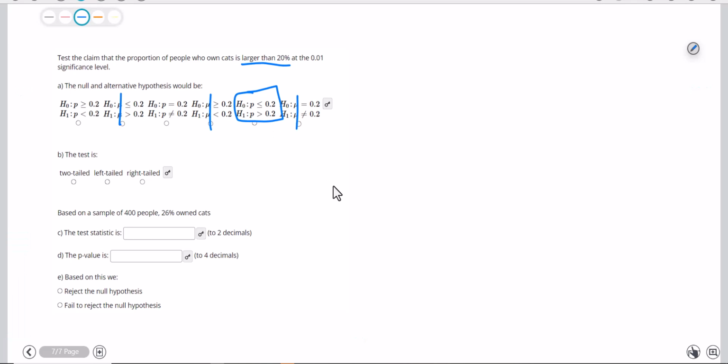It's asked, is this test right-tailed? Because of that greater than sign makes it right-tailed. It says, based on a sample of 400 people, 26% own cats. Well, we've gone through how to find a test statistic, but the only thing that's kind of weird here is remember that your sample proportion is X over N. Well, they give you the sample proportion, 0.26, but we don't know what X is.